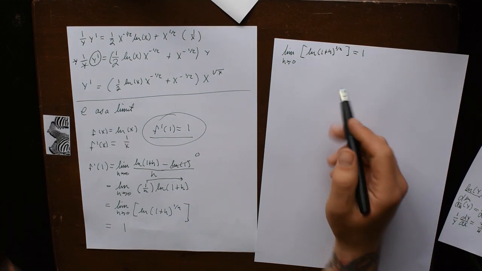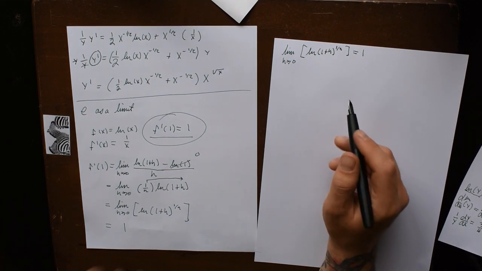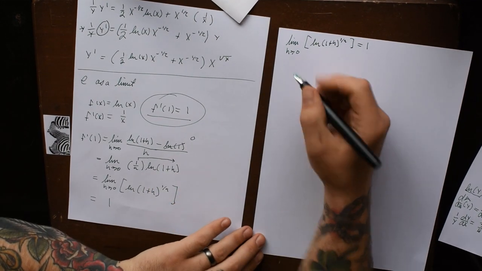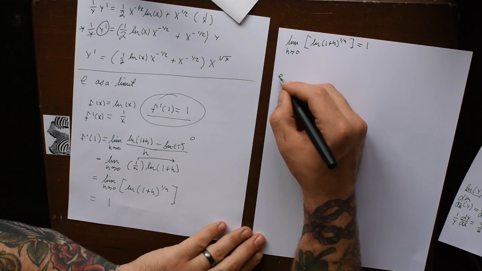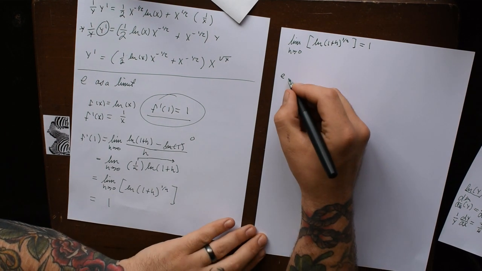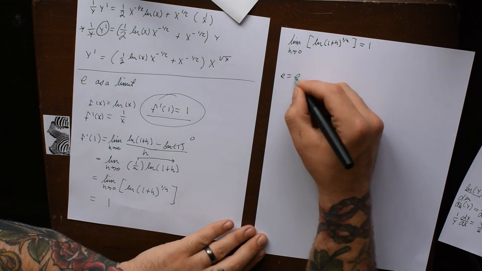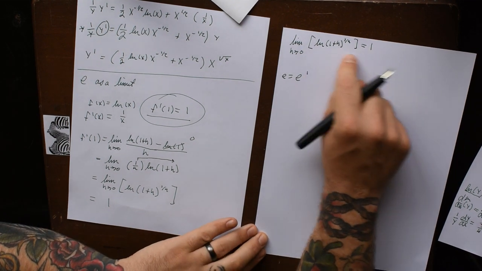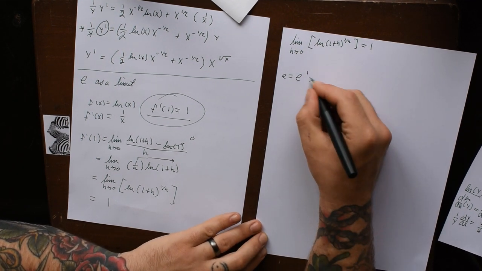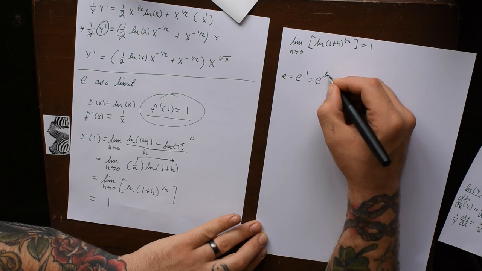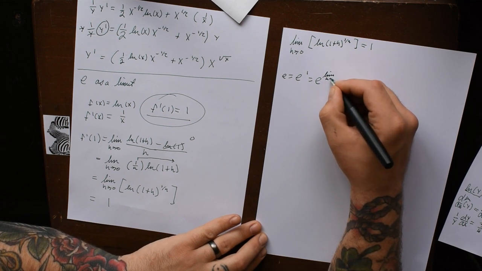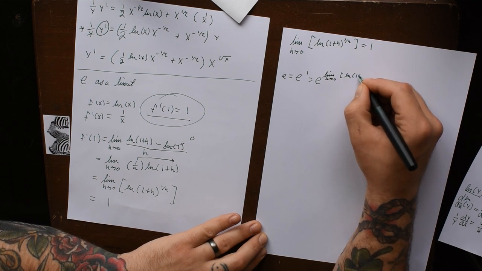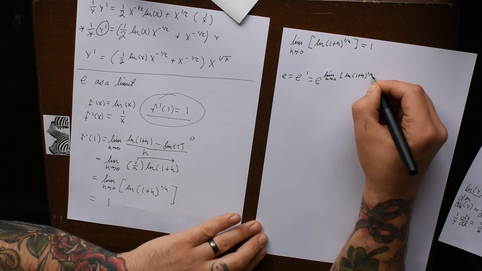So now let's do this. Let's take the number e. e is the same as e to the 1. But by this identity, that's equal to e to the limit as h goes off to 0 of the natural log of 1 plus h to the 1 over h.